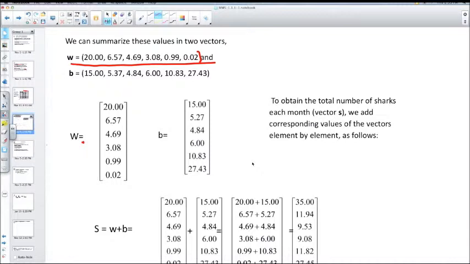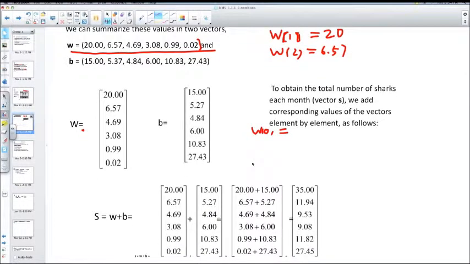The B we write into a column vector. It depends on the language you are choosing. In MATLAB, you may call it W1, and then equals 20, W2 equals 6.7. But in C, you need to start from W0 and go to 5.